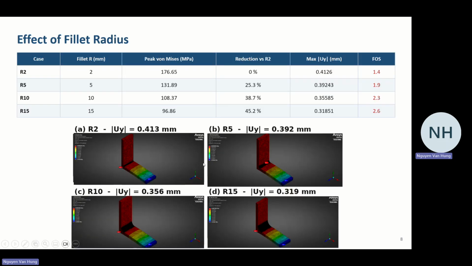And here's the comparison. Here are the results for the four fillet radii, all on the M6 mesh.